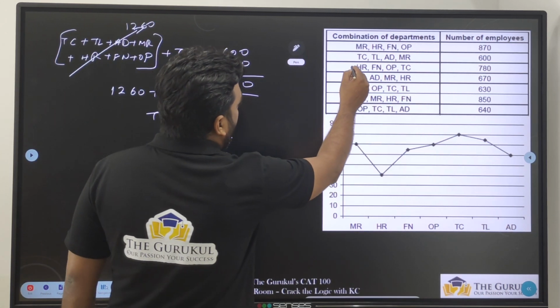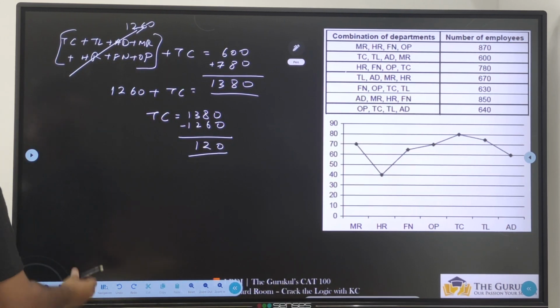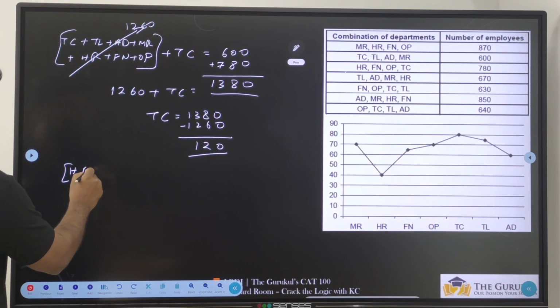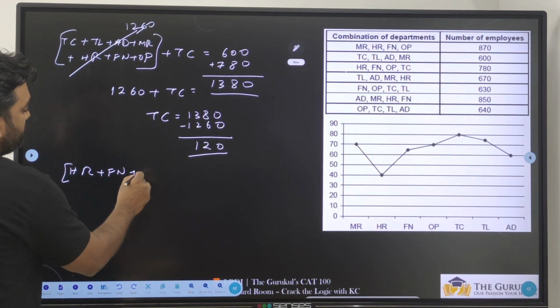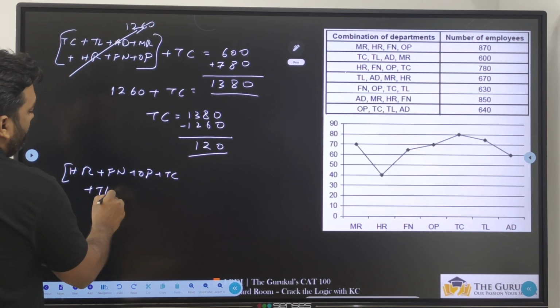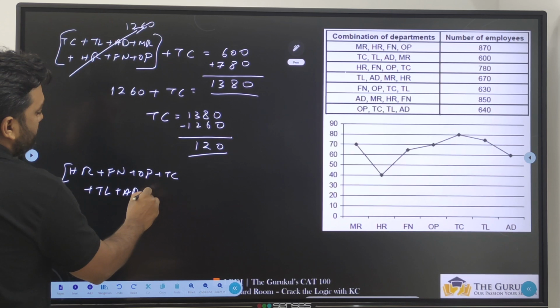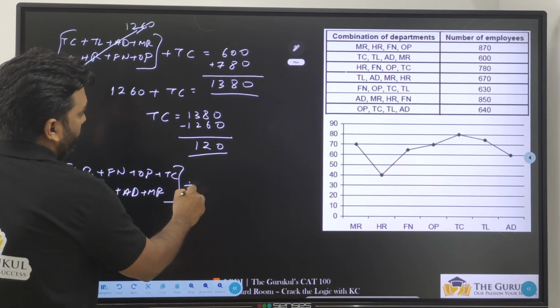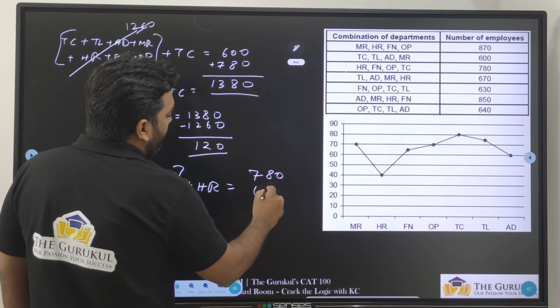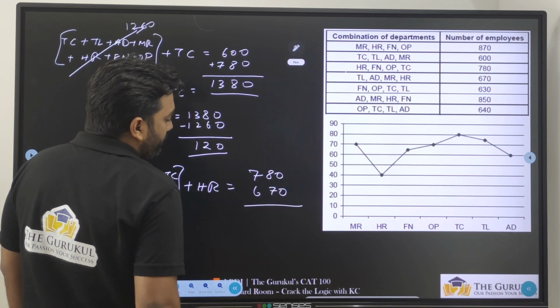Perfect. If I take third one and fourth one, I'll solve one more. After that, you continue with that. HR plus FN plus OP plus TC plus TL plus AD plus MR, total value, plus HR should be equal to 780 plus 670. Perfect.